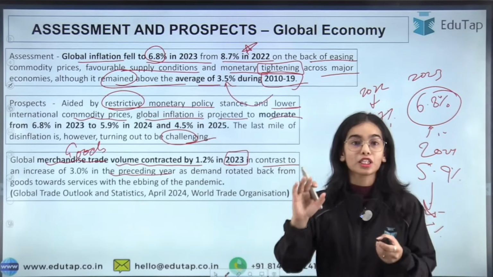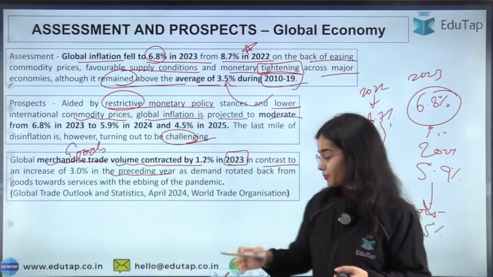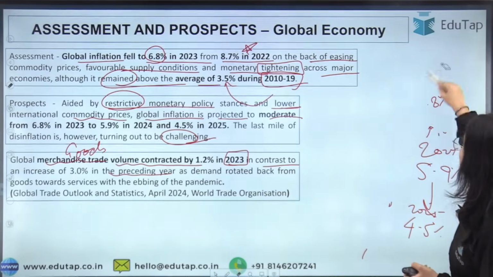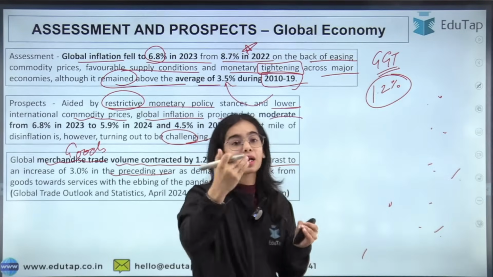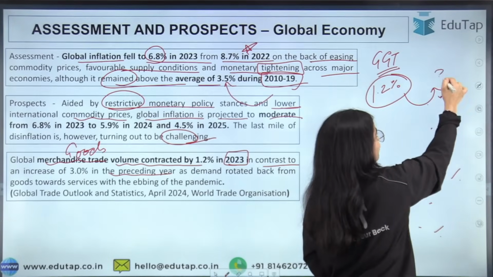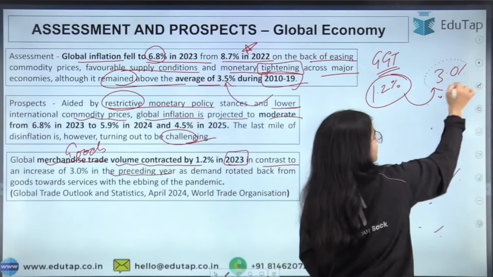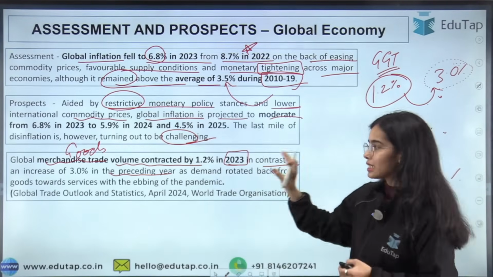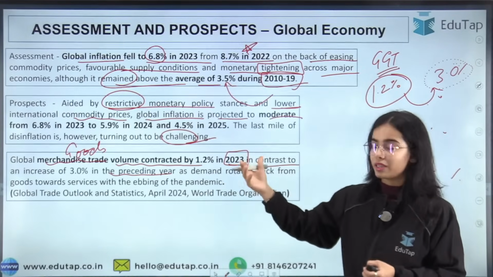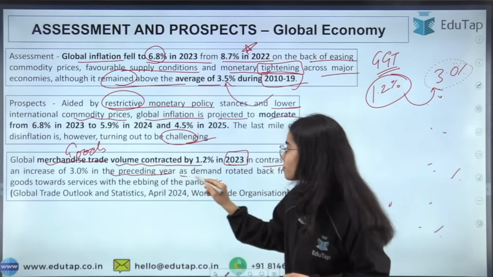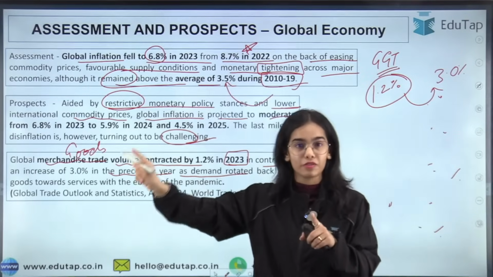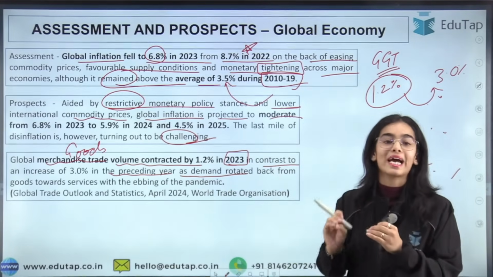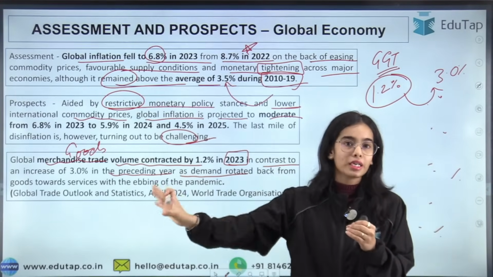So the global trade in goods has decreased compared to the previous year, where goods trade grew by 3.0%. That is problematic, but you can see that demand is rotating towards services now. Demand is shifting from goods towards services, so at least the services demand is good now.